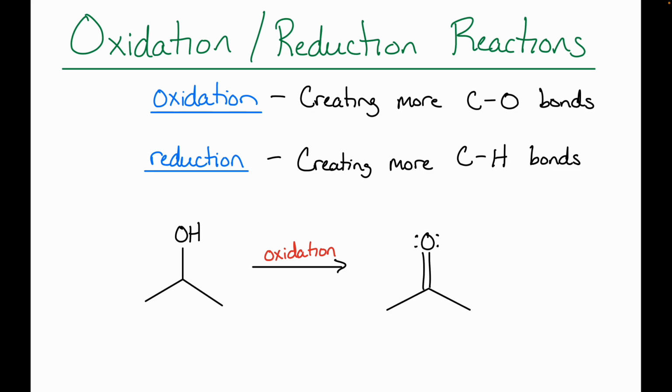And if I took that ketone, I could do the exact opposite. I could reduce it, and that would give me my alcohol. All right, when we oxidized our alcohol, we created an additional carbon-oxygen bond. When we reduced our ketone, we created an additional carbon-hydrogen bond.